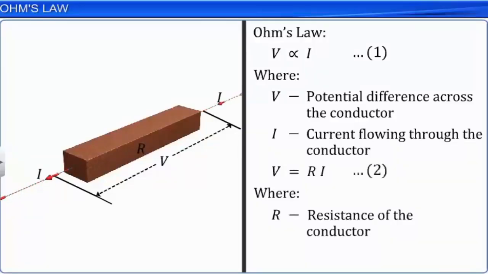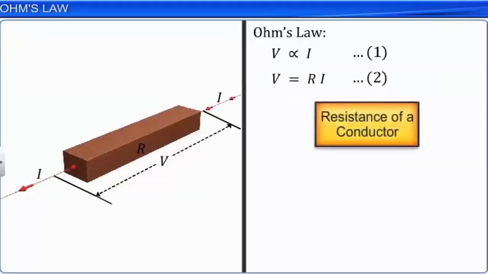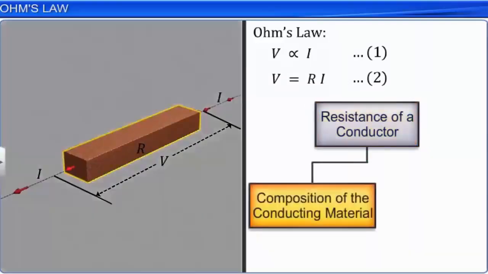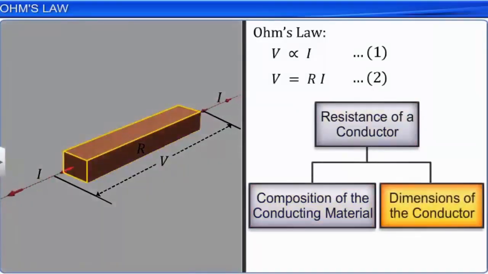Let this be equation 2. The SI unit of resistance is ohm. The resistance R of a conductor depends on the composition of the conducting material and the dimensions of the conductor.